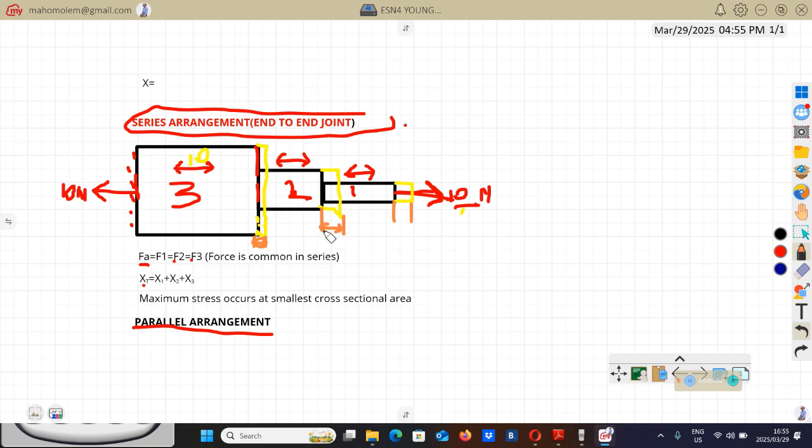Why? Because we are going to calculate the change in length, X, using this formula. X will be equal to F L over A E.